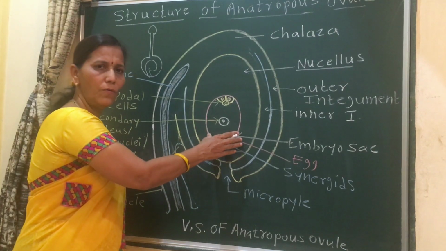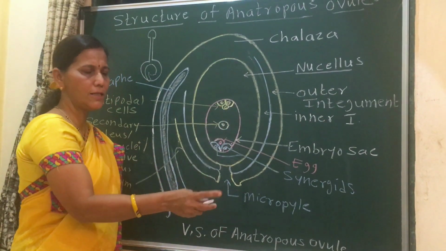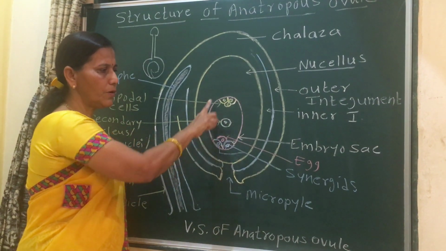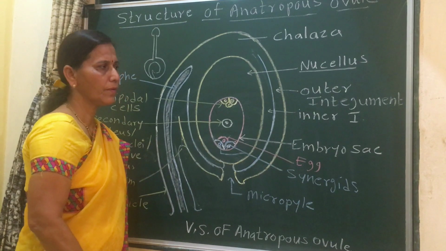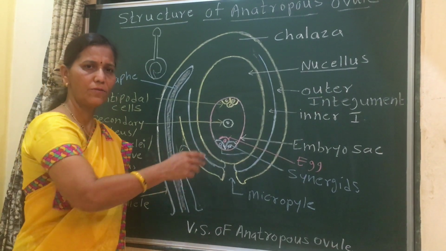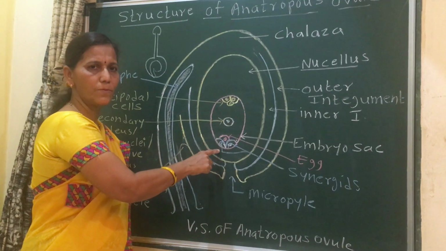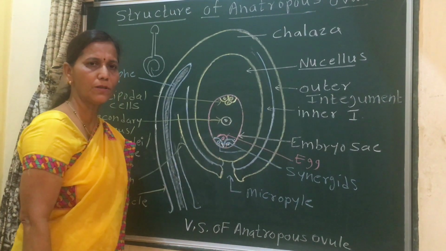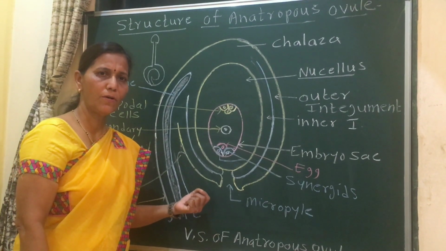Means in the ovule, megaspore is produced. And from one megaspore, this structure is produced which is called as embryo sac. We will see this topic in the next video: how from this megaspore, this embryo sac will be produced. And that topic is development of female gametophyte.